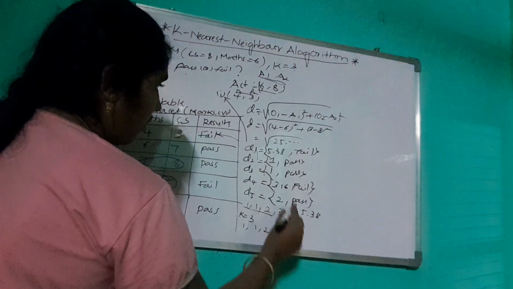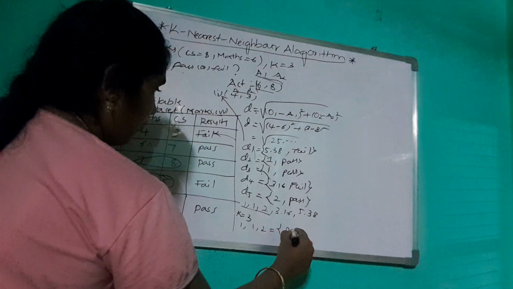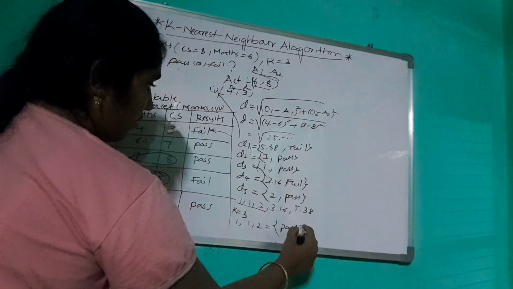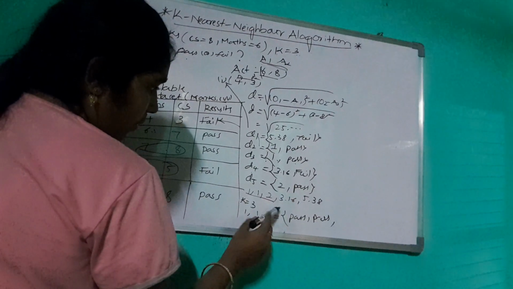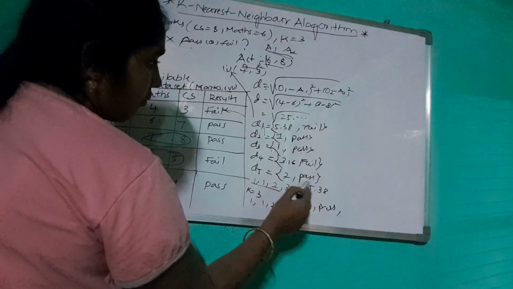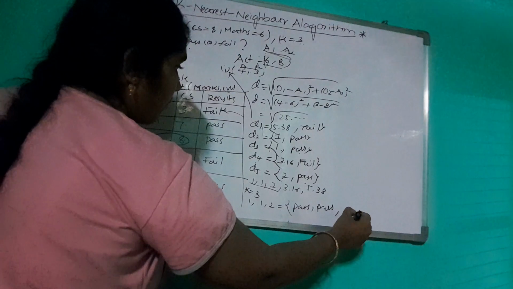And the categories are pass, and 1 pass, and 2. Here this is also pass.